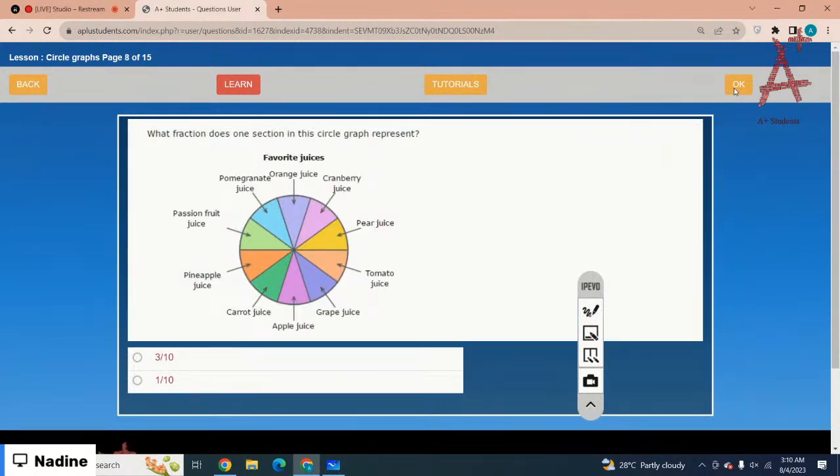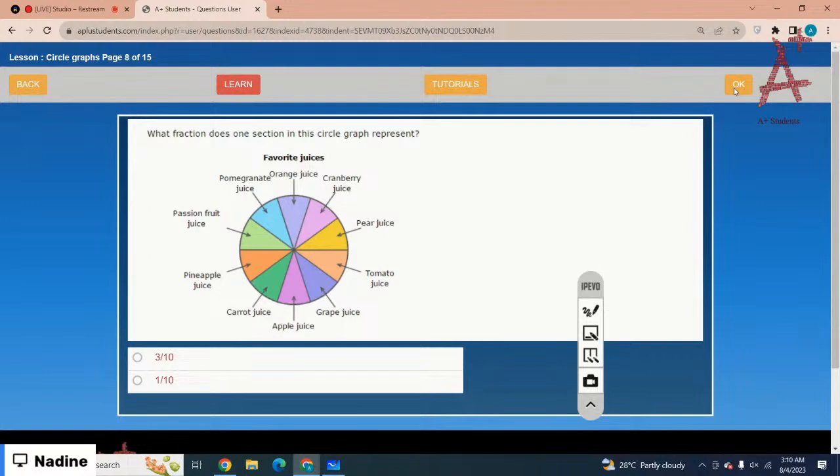Okay, what fraction does one section in the circle graph represent? So which is the correct option? The correct option is 1 out of 10 because the graph has total 10 sections.